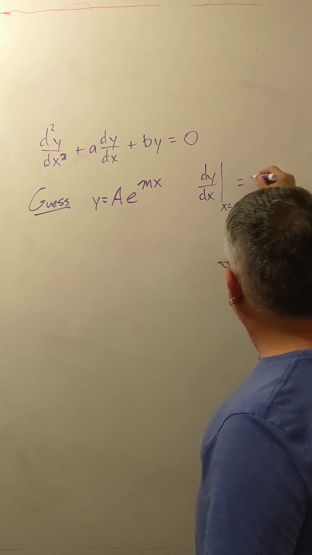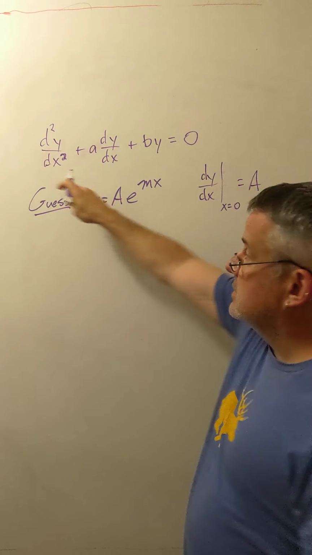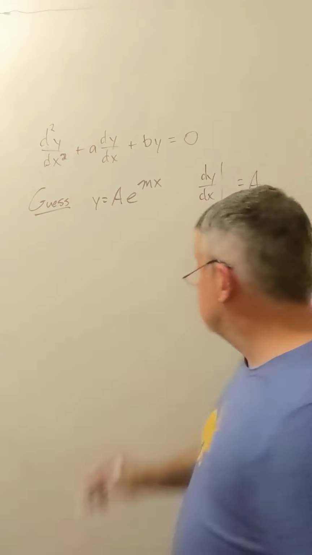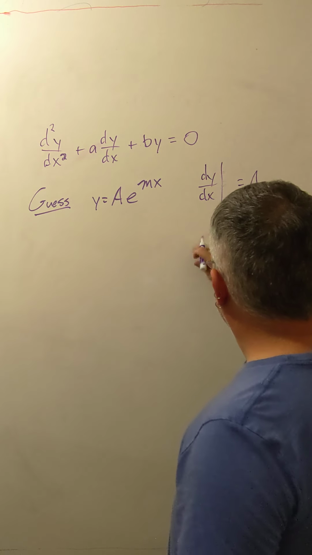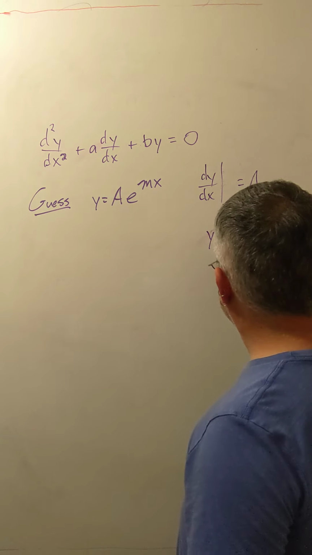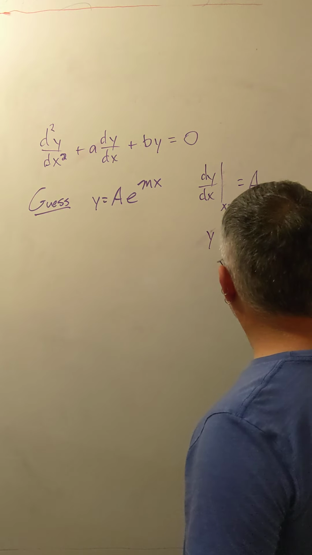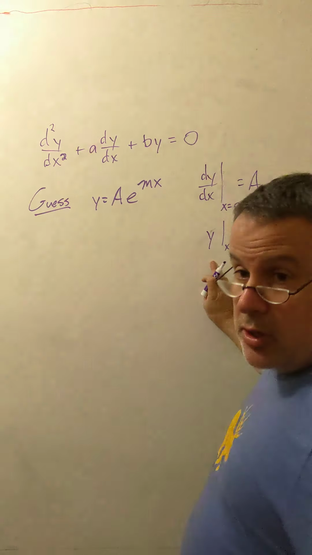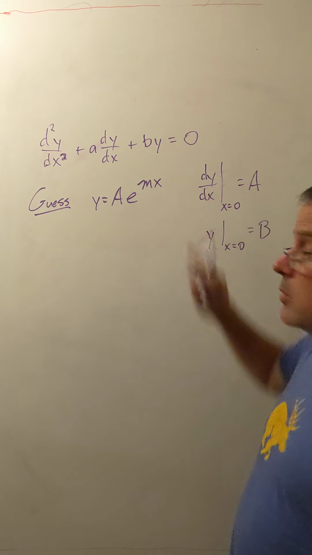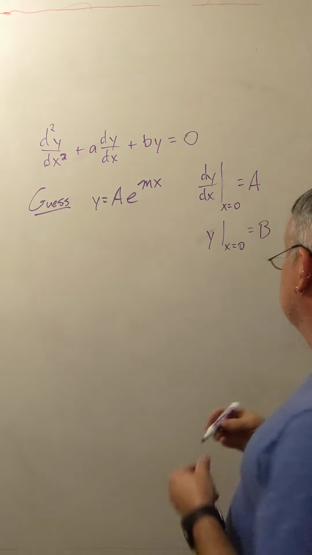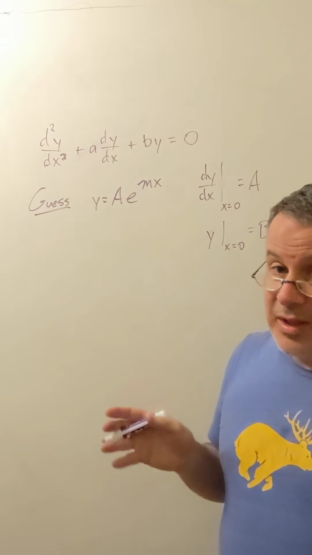Let's just call it capital A. And because this is a second order differential equation, we're actually going to need two of those. So let's do another one where we say y evaluated at x equals 0 is equal to b. This one is called a Dirichlet boundary condition, or initial condition, and this one is called a Neumann boundary condition or initial condition. Doesn't really matter too much.